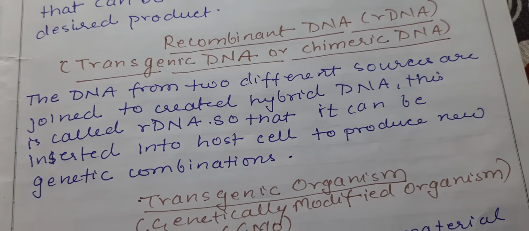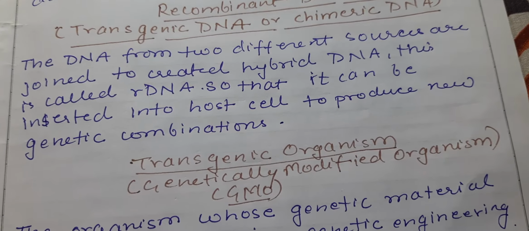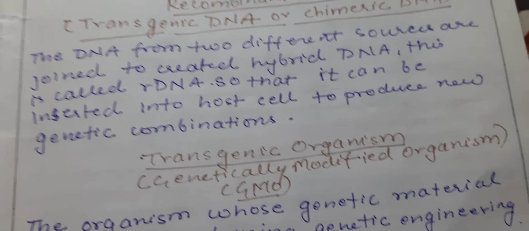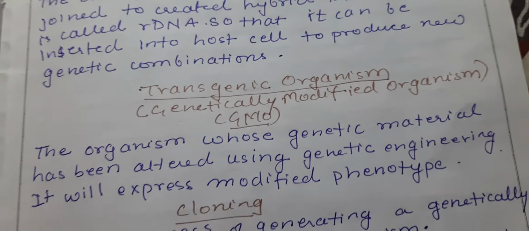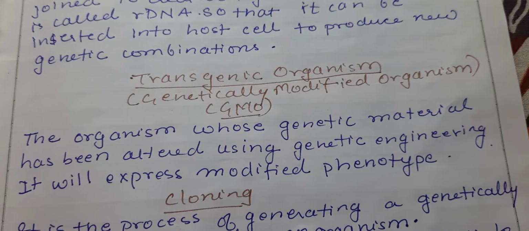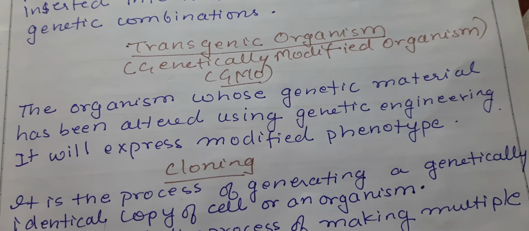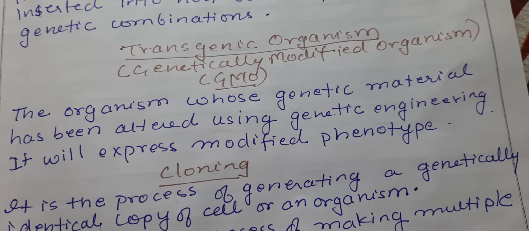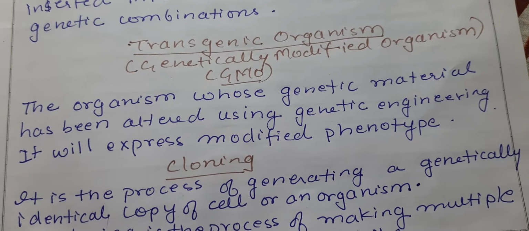This is called rDNA or recombinant DNA, so that it can be inserted into a host to produce new genetic combinations. Now, a transgenic organism we also call a genetically modified organism or GMO. These are organisms whose genetic material has been altered using genetic engineering, and they will express a modified phenotype.